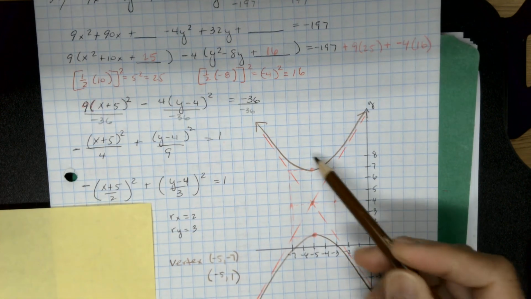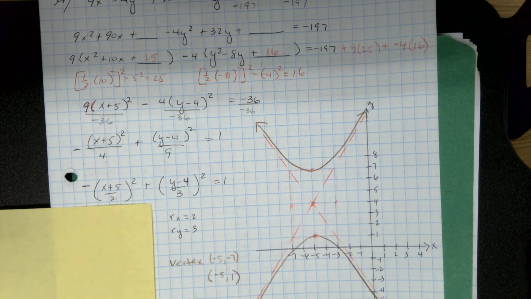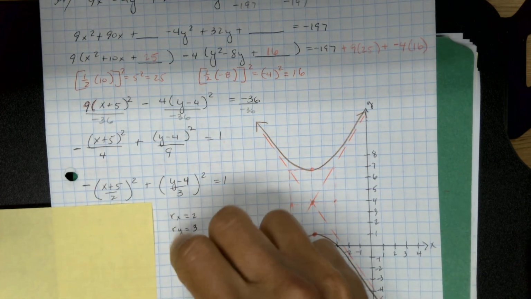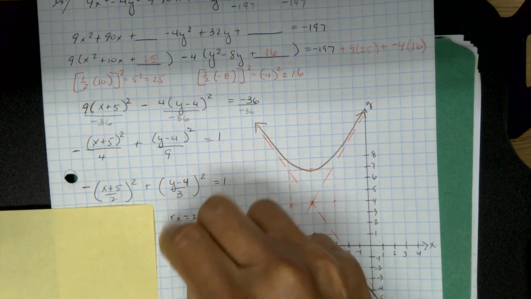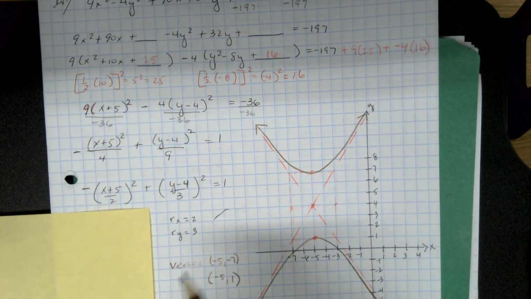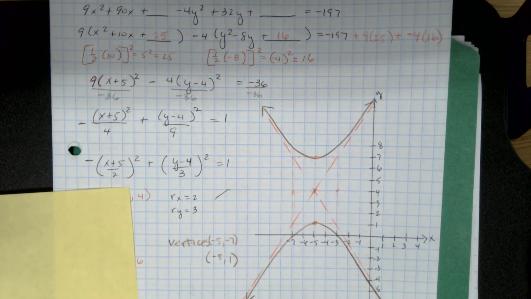And again, I knew it opened up and down because the coefficient of y was positive. Instead of vertex, I'll just put the plural, which is vertices. Let me make that adjustment. So these are the vertices.